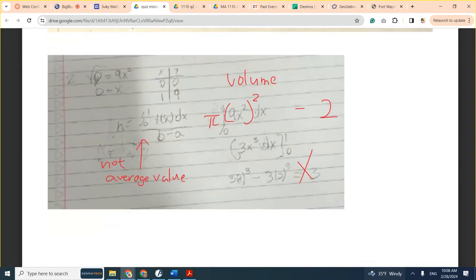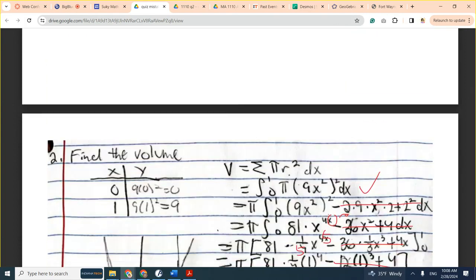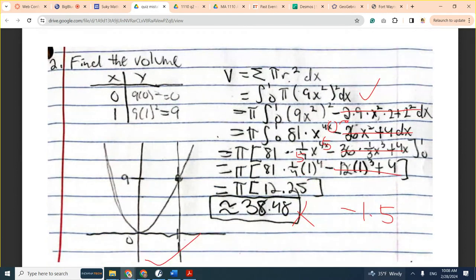And this one, the setup, not average value, the volume. So pi and then r squared. Okay, so the setup. And here, oh, so one term. That's why 9 squared is 81, and then x squared is x to the 4.